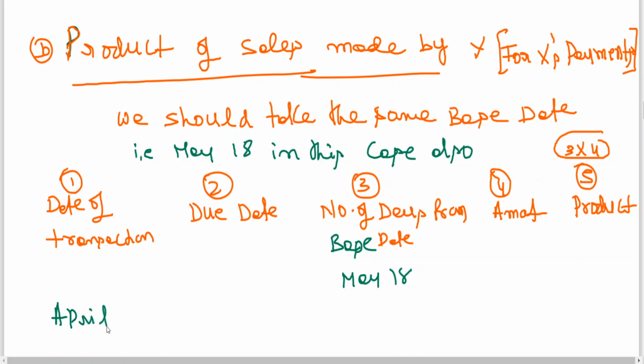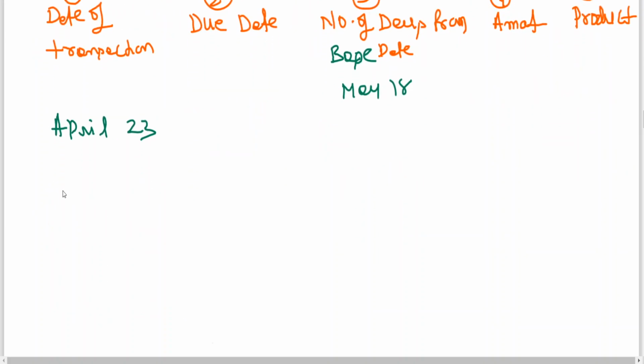Okay, let us look at the transaction date: April 23, then we are having May 24. April 23, 1 month duration. Why I am not adding the grace days? Because it is non-bills of exchange. If it is a bills of exchange, we have to add 3 grace days.